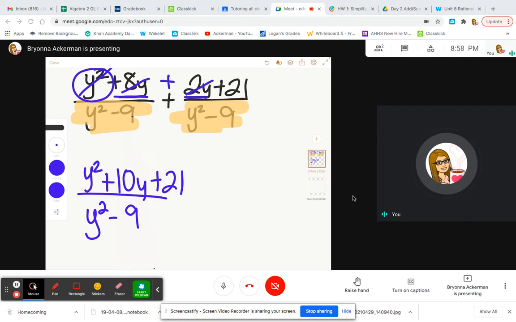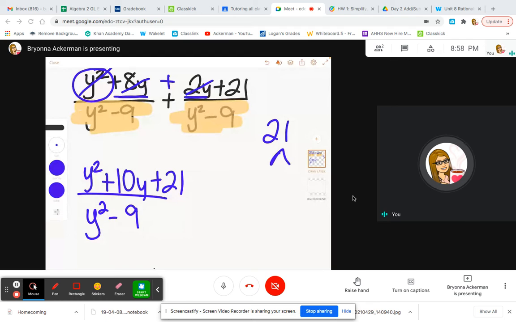Now this turns into what we had been doing on day 1 in homework 1, where we just have to simplify. And so you're going to want to factor as much as you can. On the numerator, we can try the AC method here. So we have A times C, which is 21. We want to find two numbers that multiply to give us 21, but when I add them, they give me 10.